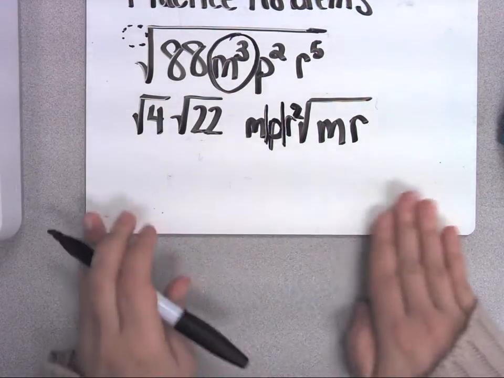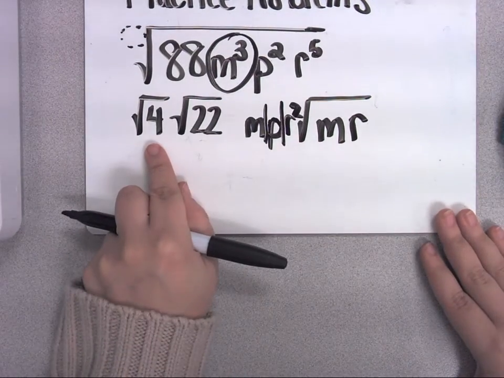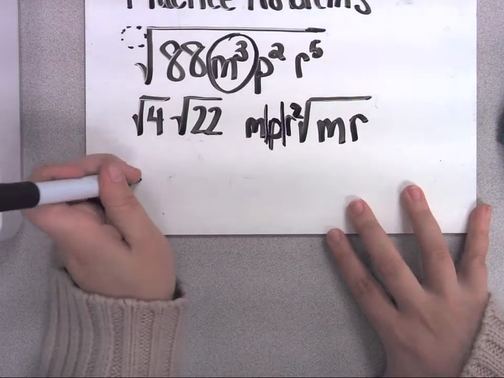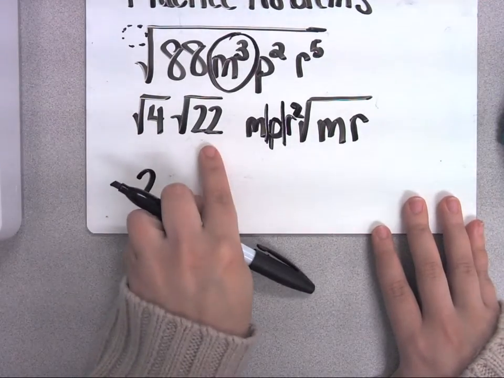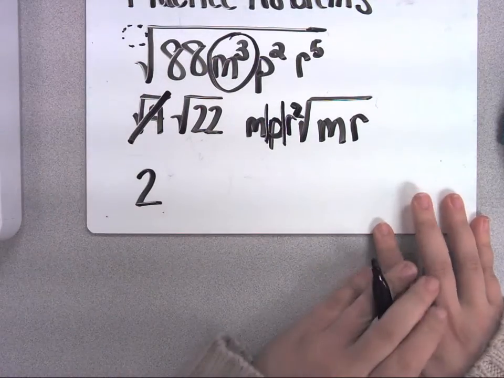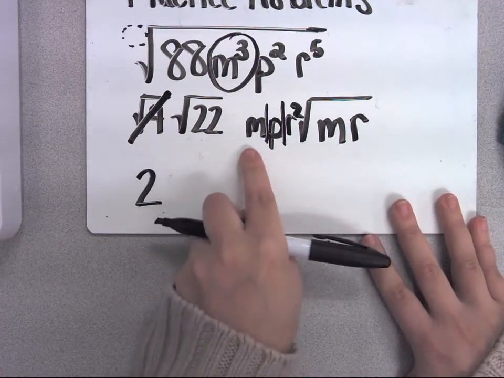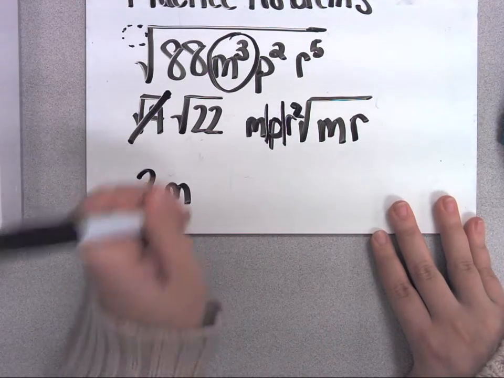So now we're going to mix these together, put the variables and numbers together. Can I take the square root of 4? Yep, it's 2. Now, since that's a whole number, can I take the square root of 22? So I use this. I'm going to cross it out so I can keep track. Now, everything else that goes on the outside, I'm going to write it. I have 1m.